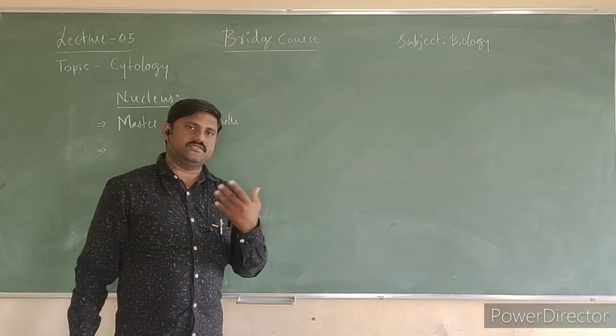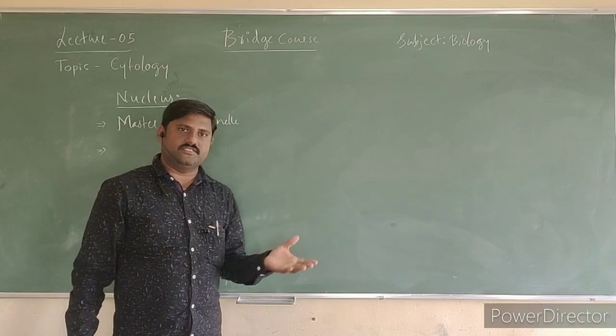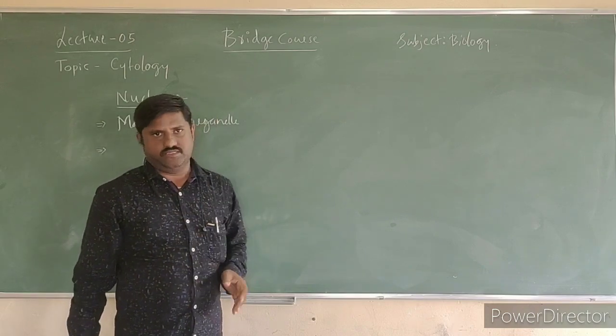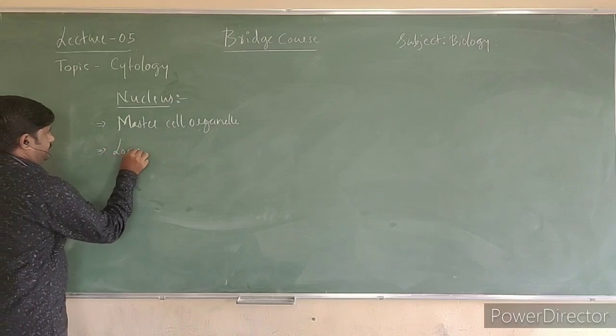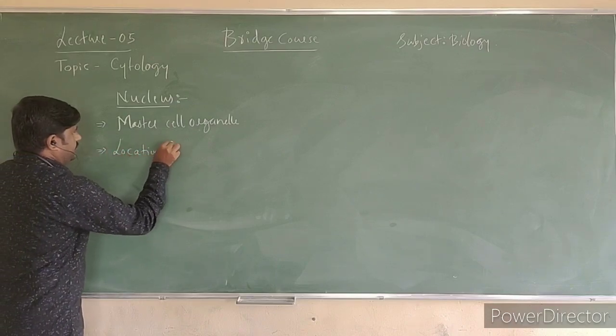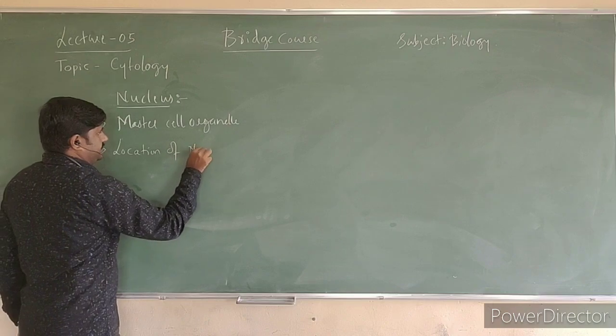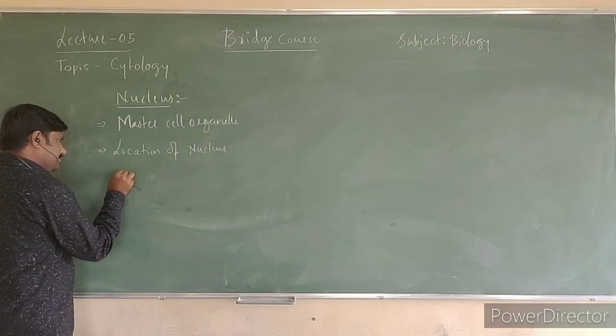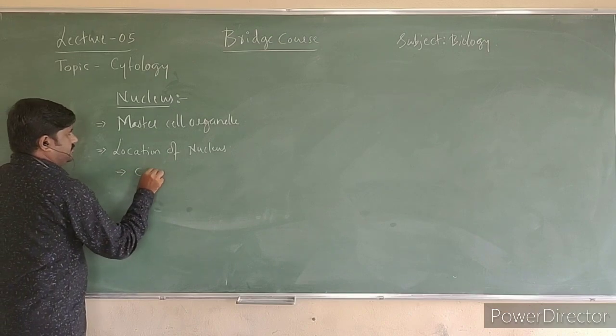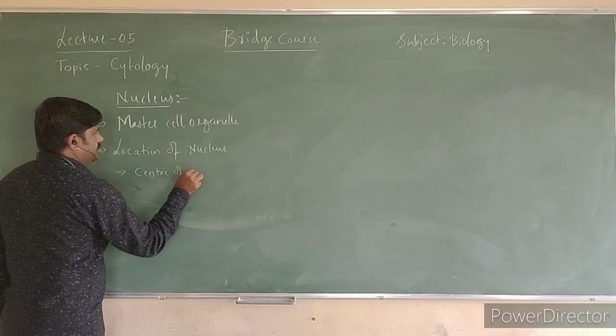That's why the location of this nucleus changes from one cell to another cell, right? So like that, the location of nucleus. Nucleus may be present at the center of the cell.